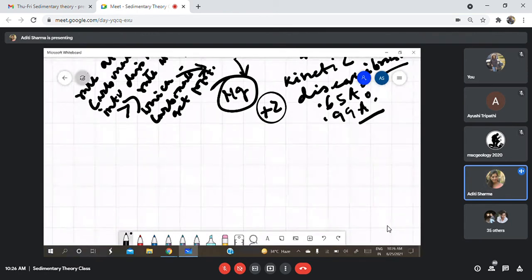Okay, now what will happen? Let me see what is the role of climate in it. So I take the arid, semi-arid, humid.